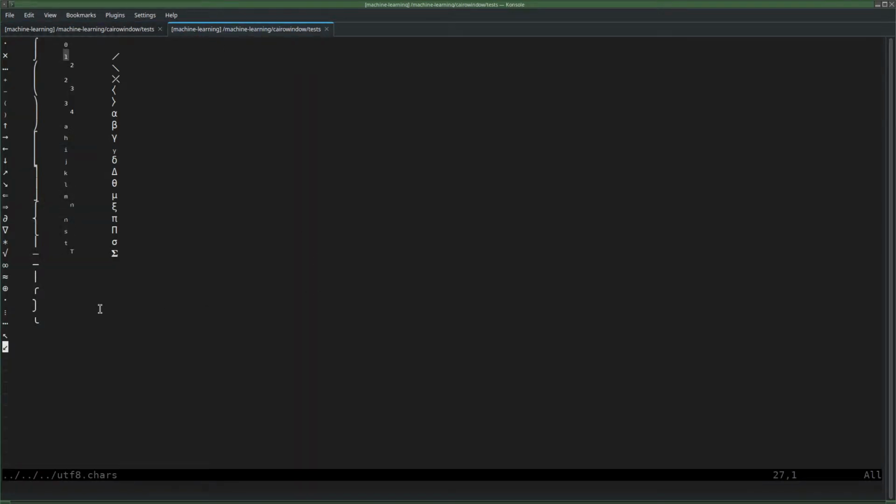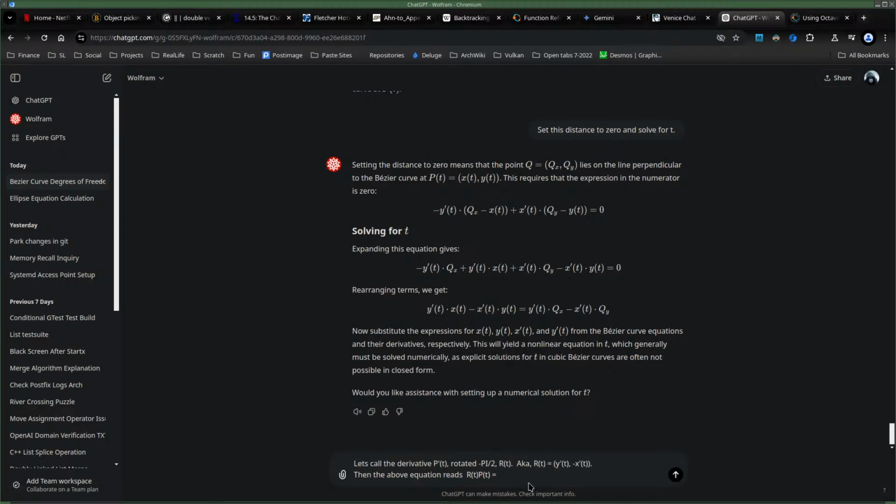Surely I have a center dot. Let's use this one for the dot product. Yeah, so R is y prime times x, and then the minus x prime times y.